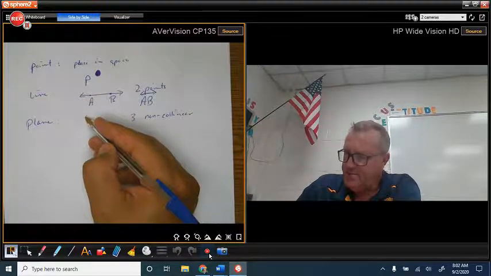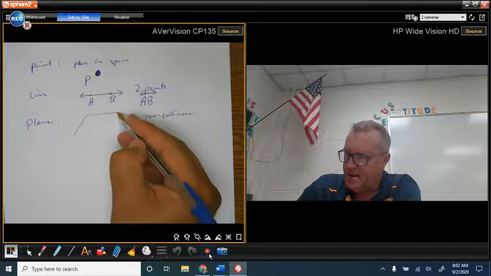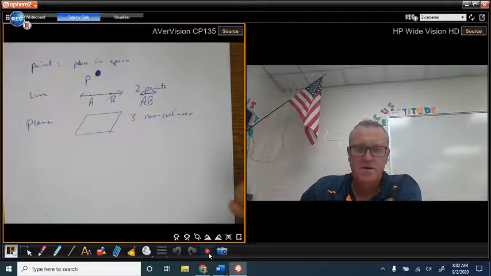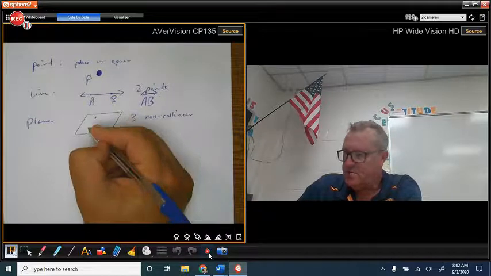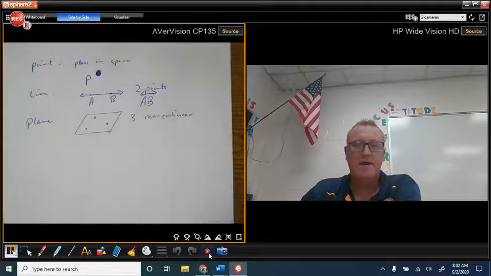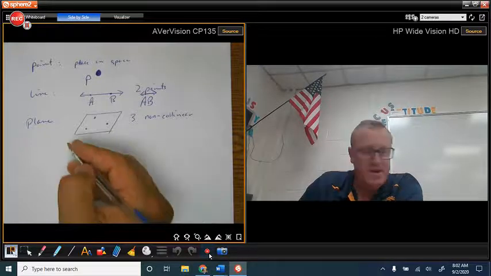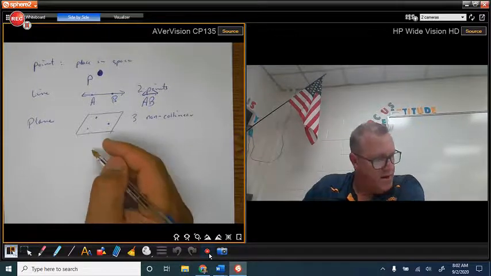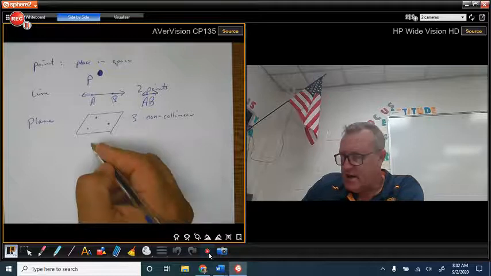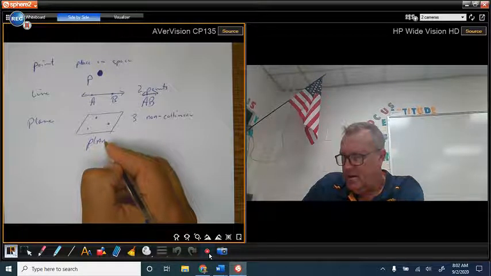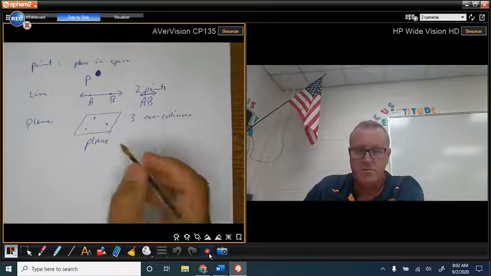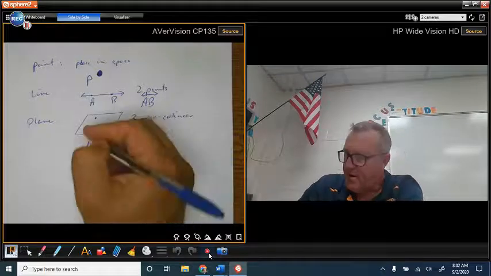Many times a plane is represented like a parallelogram. So that looks like a plane. It just means that there are 3 points that are not lined up. You can name it a couple ways, but most of the time you use the 3 points that are not in the same line.